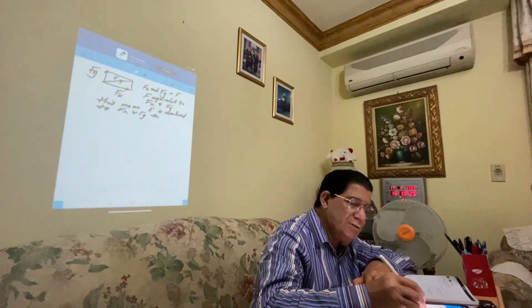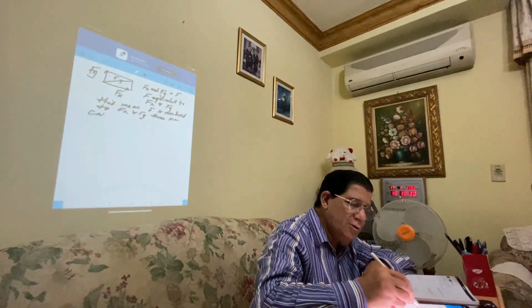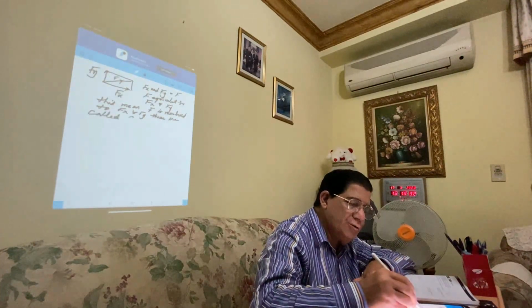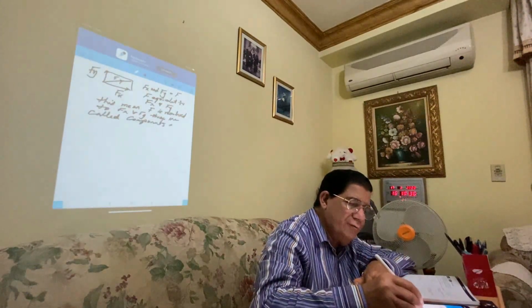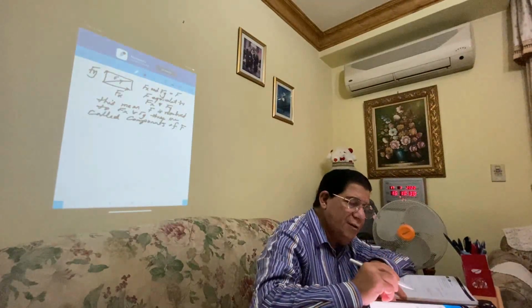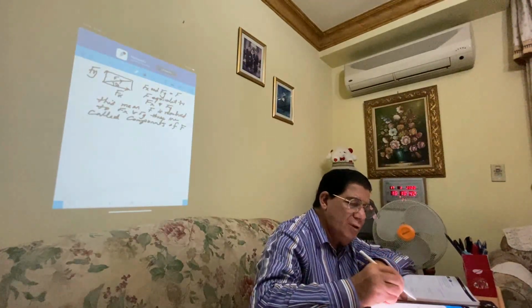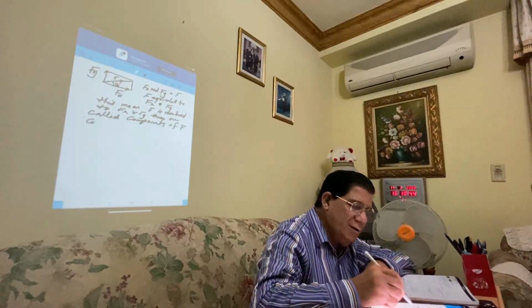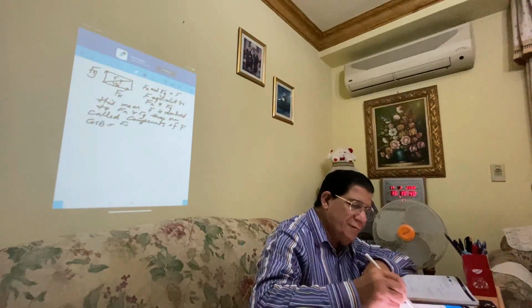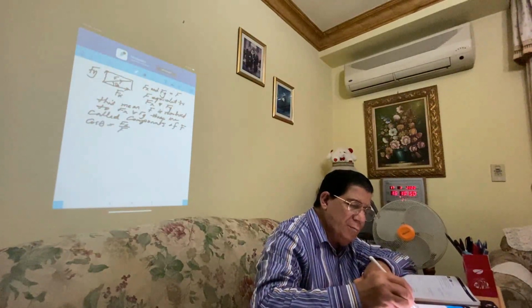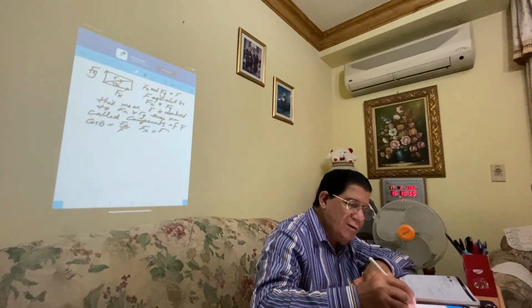These are called components of F. If this angle is theta, cosine theta equals Fx over F, so Fx equals F cosine theta.